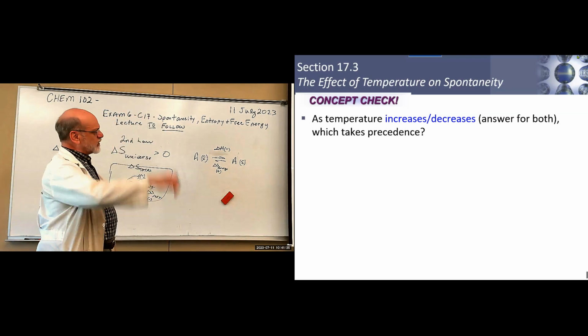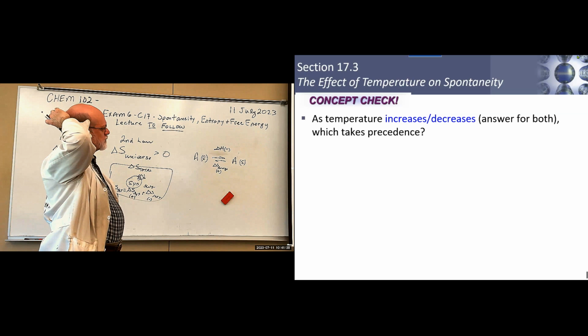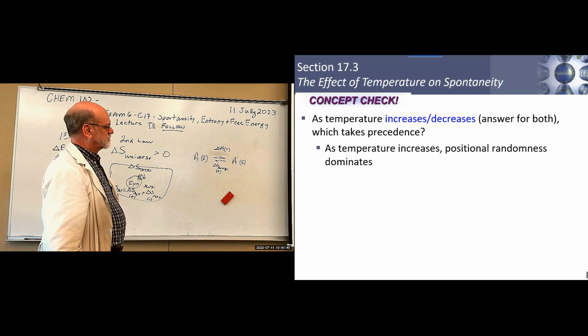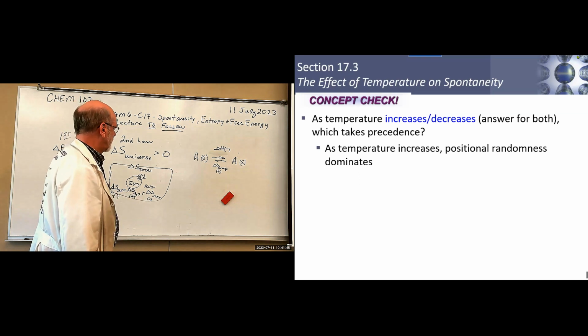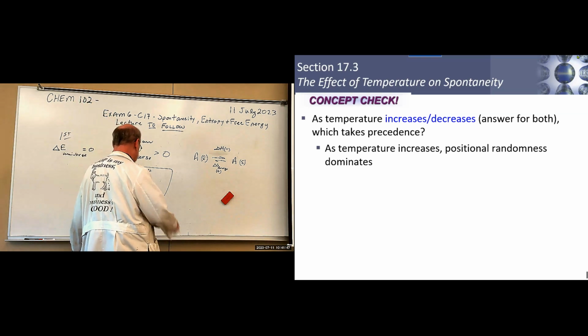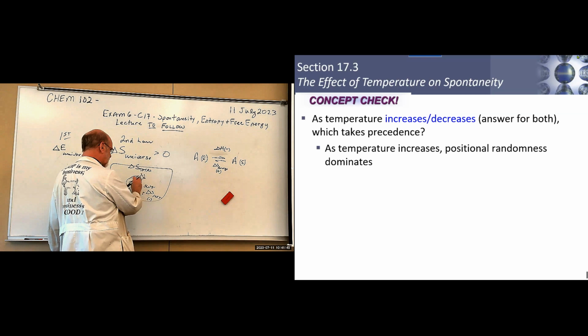As temperature increases or decreases, which takes precedence? As temperature increases, positional randomness dominates.